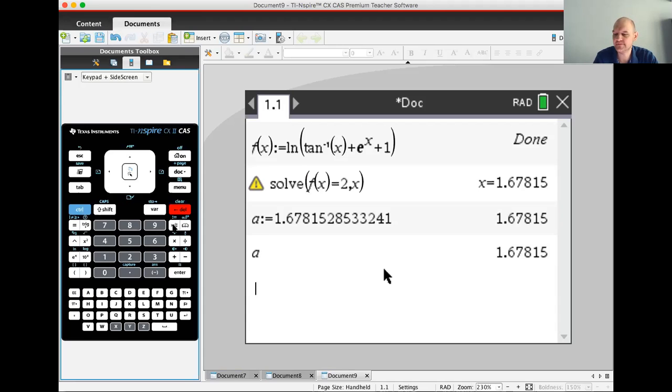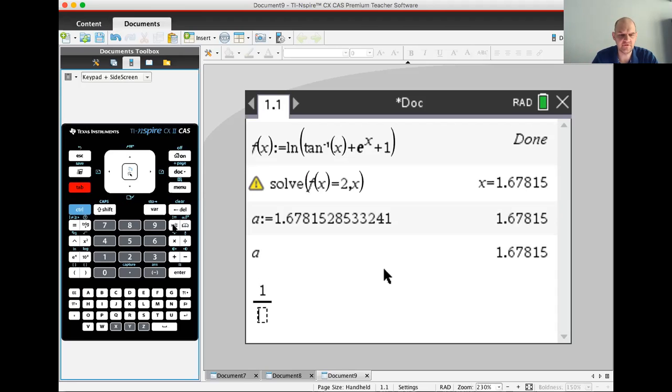So now I need to do the derivative of the inverse is 1 over the derivative of the original at the corresponding point. So the derivative of the inverse at 2 is 1 over the derivative of the original at a. So I'm going to find that.